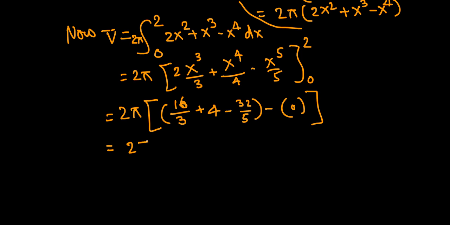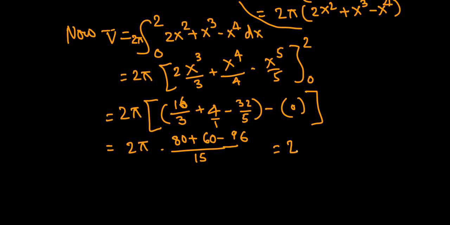So 2 pi. Now for the 4 there is nothing under it, meaning 1, and the common denominator of 3, 1, and 5 is 15. 3 goes into 15 five times, so we multiply 5 times 16, 80. To get 15, we multiply 1 by 15, 4 times 15 is 60. To make 15, multiply 5 by 3, 32 times 3 is 96.